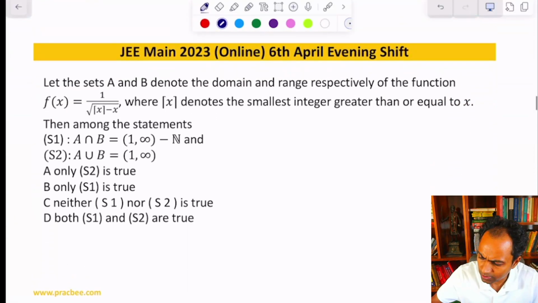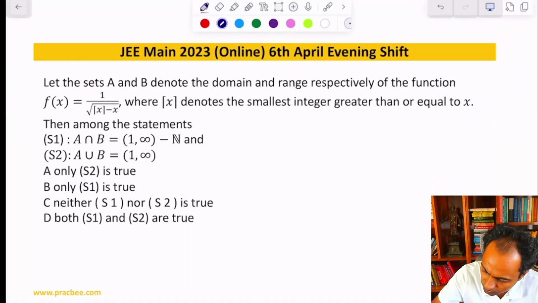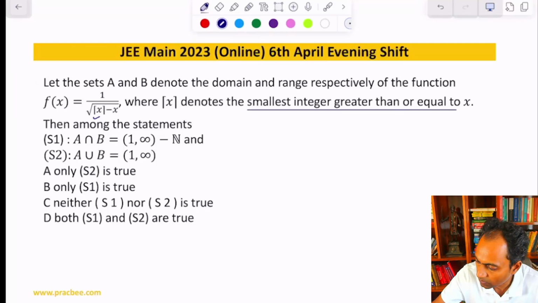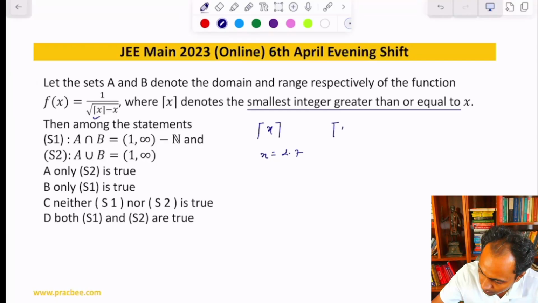So in this 2023 question, they are saying that sets A and B denote the domain and range of the function. If you clearly observe, they are not writing GIF of x here. They are writing the smallest integer greater than or equal to x. What does this mean? If I put the value of x as, let us say, 2.7 in this, what will be the answer?